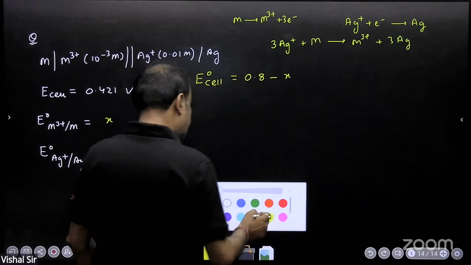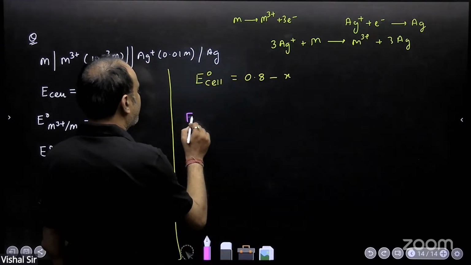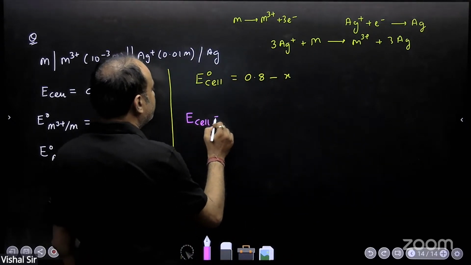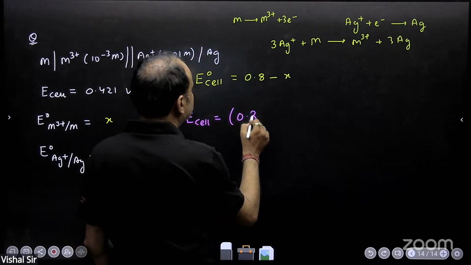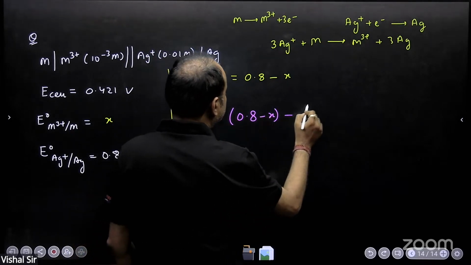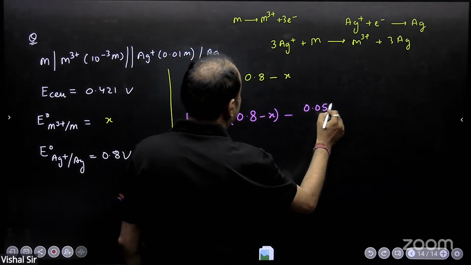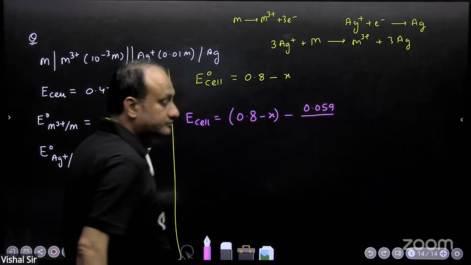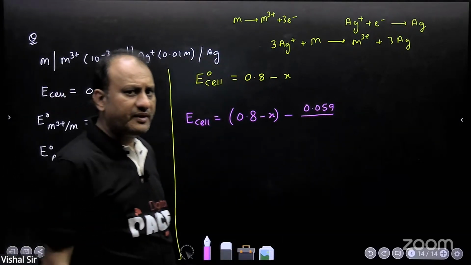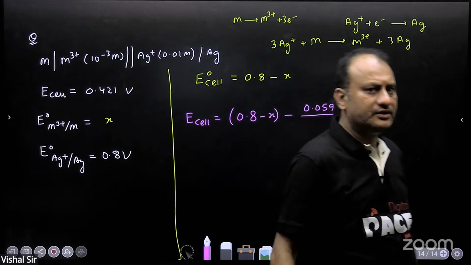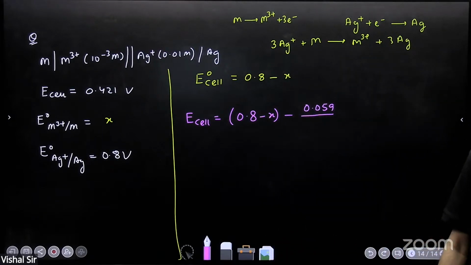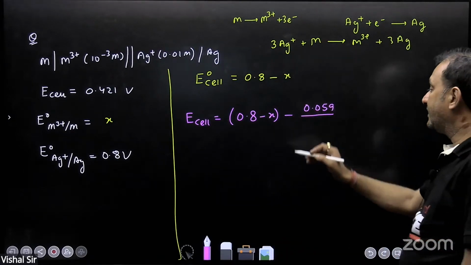So now, Nernst. E cell will be equal to E naught cell minus 0.059. And as you have balanced the reaction, you have made 3 electrons on both cathode and anode.